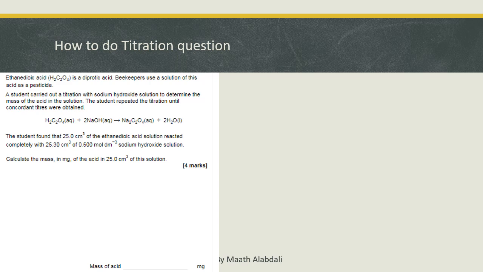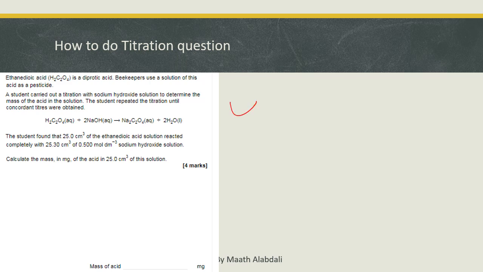But yeah, be very careful because the chemistry paper is about 100 marks for 2 hours, or 2 hours 15 minutes, one of the two. And there are too many questions, so you have to be very speedy. So the first thing you have to do in this question is draw a diagram.